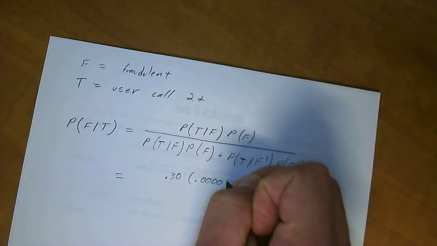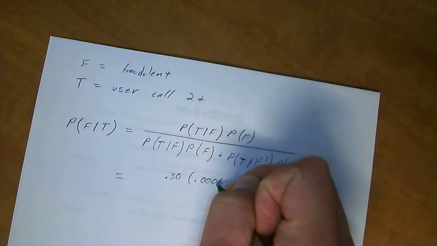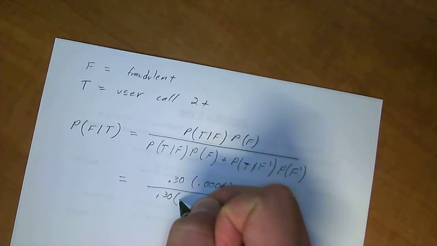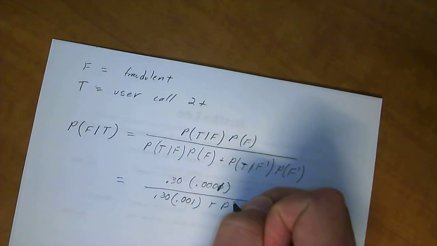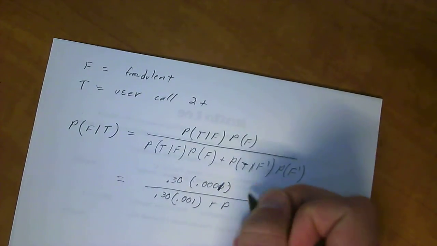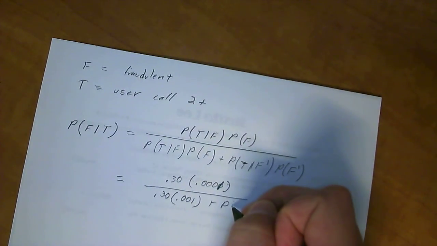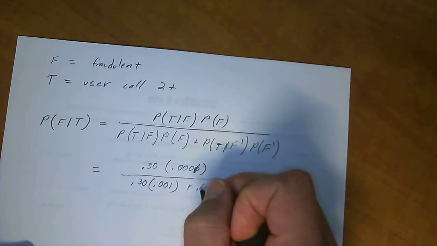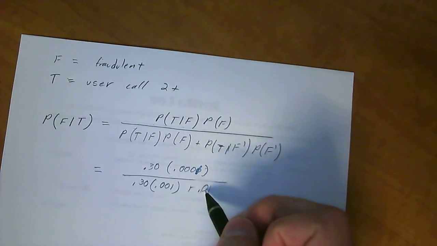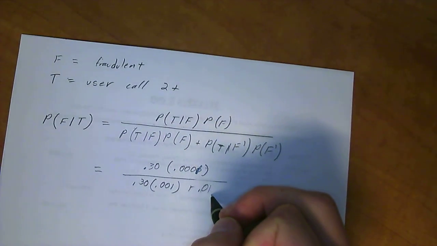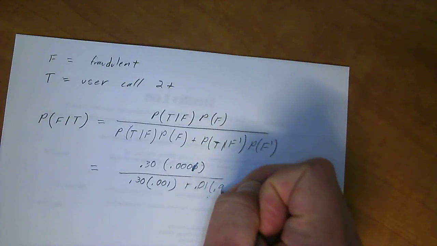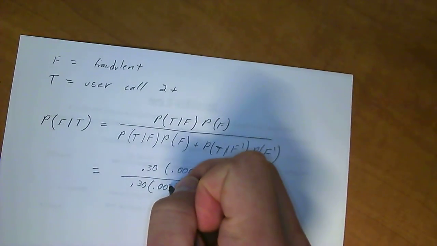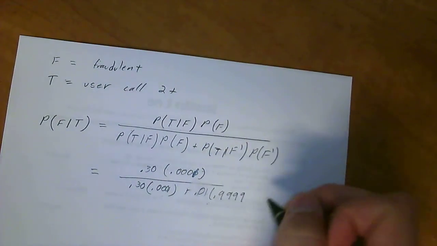And then the probability of being fraudulent is 0.0001, that's 3 zeros and then a 1, over the probability of T, which is equal to 30 times 0.0001, plus the probability of 2 or more spots given not fraudulent, which is 0.01, because this is the percentage of people who make legitimate calls in 2 or more areas, times 0.9999, because this is the opposite, what's left of 1 minus this. That's 3 zeros right there, and 3 zeros up there.